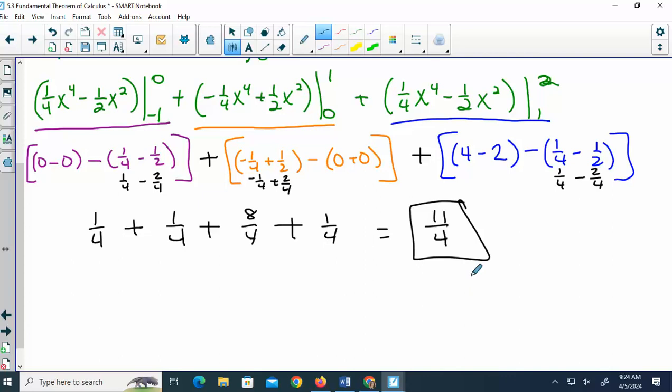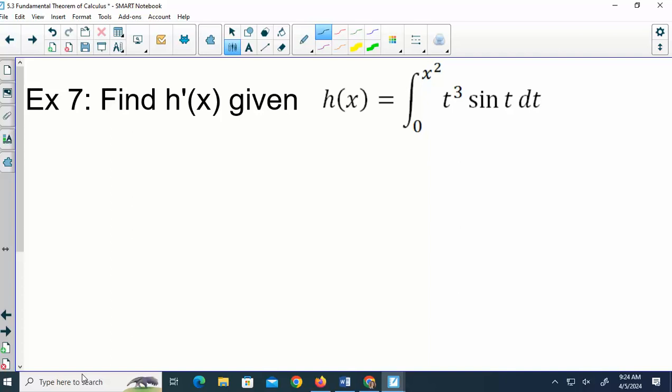Okay. Last problem of the day. Find h prime of x if h of x is equal to this integral. So, h prime, what does that tell me? We need the derivative of this. All right, so what can we do? All right, we can do the fundamental theorem of calculus.